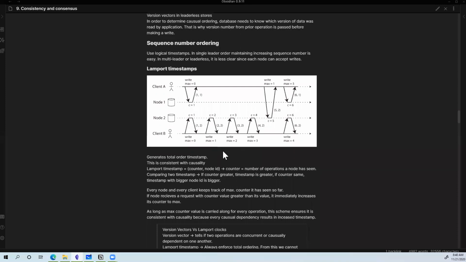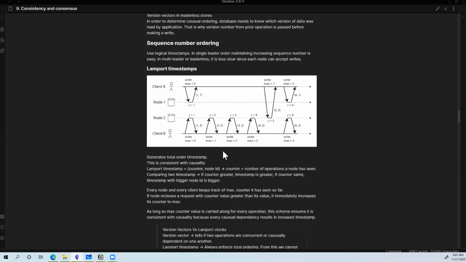Does it mean real concurrency? Because I could think that node 2 is the winner because it has a higher ID, but it could happen that client A writes C equal 1, and much later client B writes C equal 1. Client B is still winning because in that case, client B still contacts node 2 which has a higher ID, right?